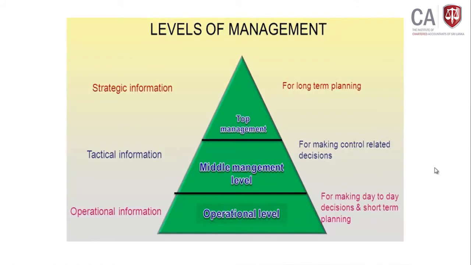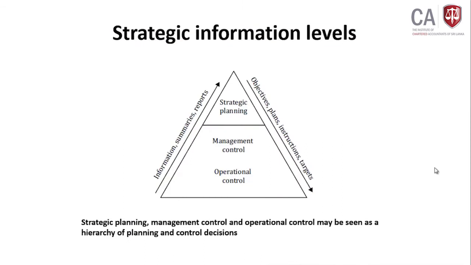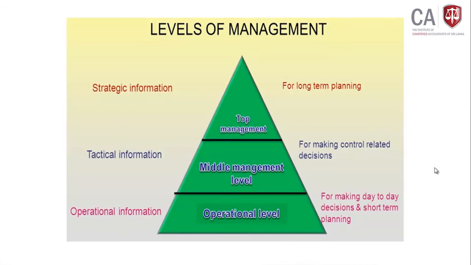So, levels of management. What is the level of management? As I explained in this slide, the pyramid, here also it is clearly explained. The level of management is the hierarchy. Top management are the people taking strategic decisions, and strategic information is for long term planning.